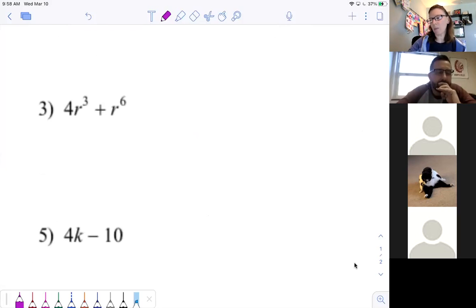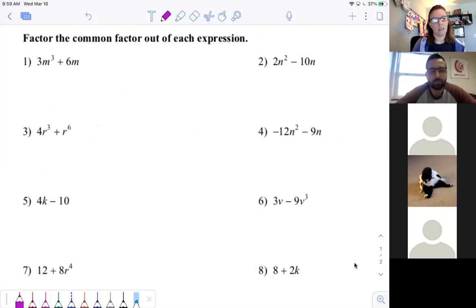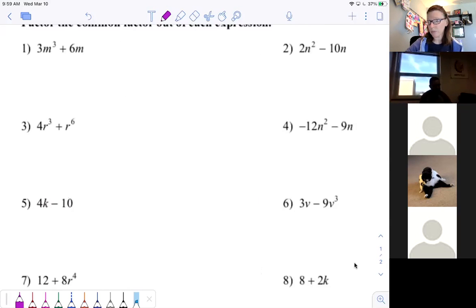But just to look at one more problem with you, kind of reinforcing that they might not have a number in common, but instead they might have a variable in common. Number 3 says 4r cubed plus r to the 6th.